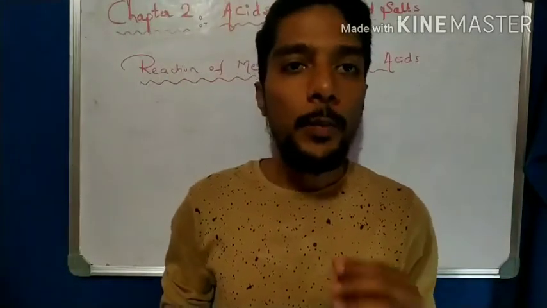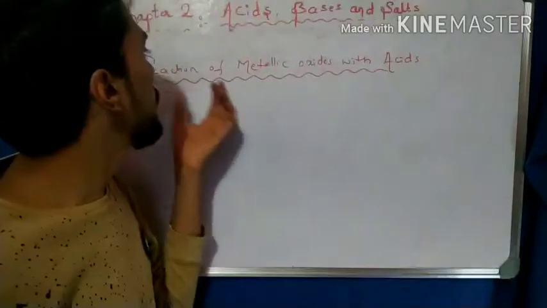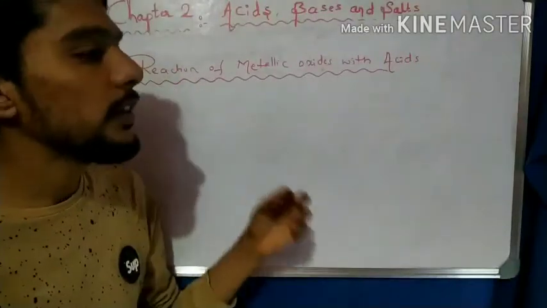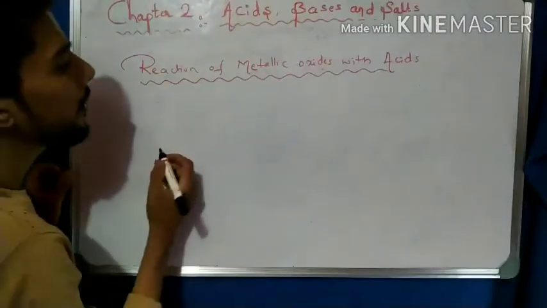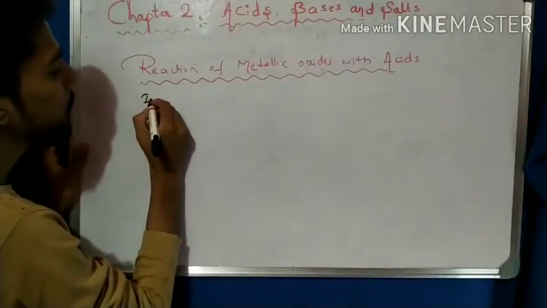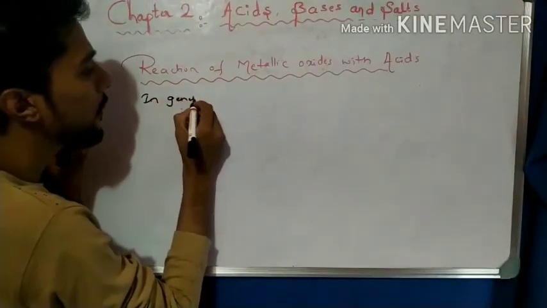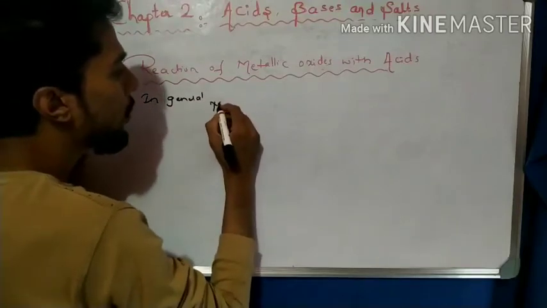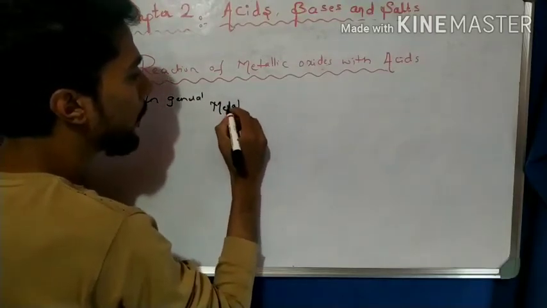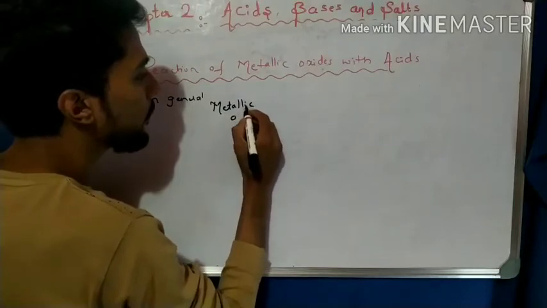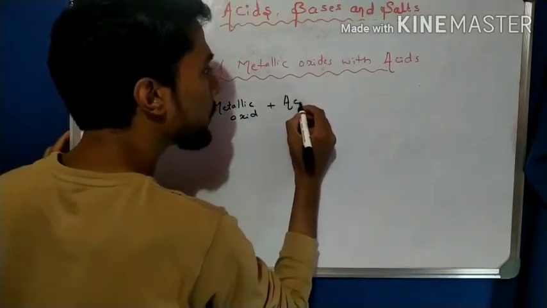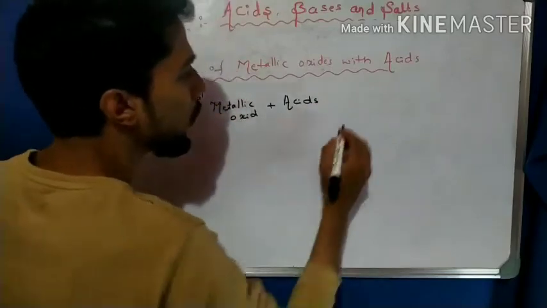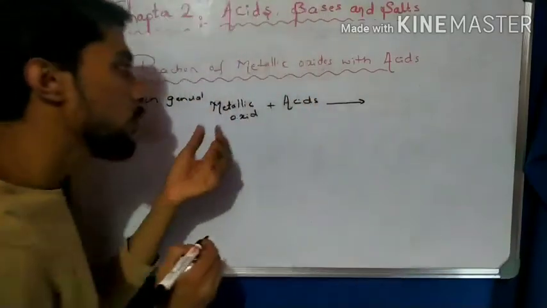Now come to another very important concept, the reaction of metallic oxide with acids. This is another chemical property of acids. So here in general I write: metallic oxide plus acid. What is the product formed?